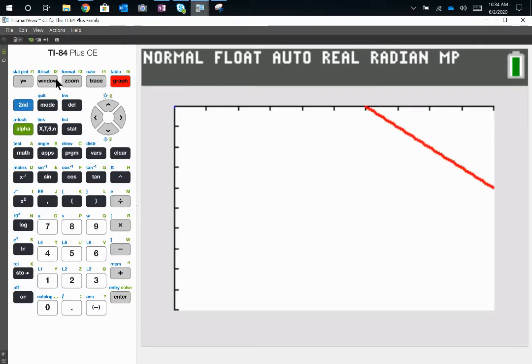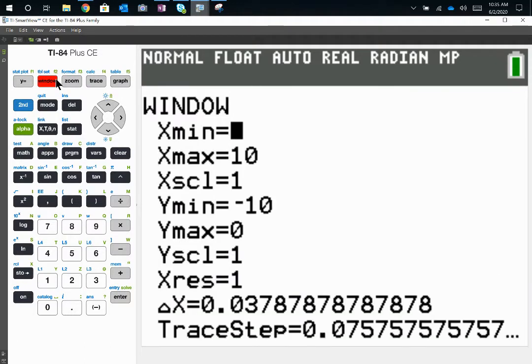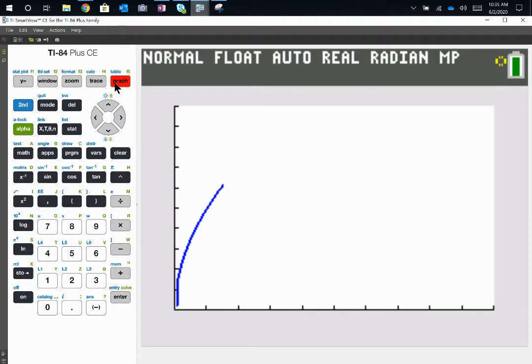Uh-oh, I think I did something wrong here. Let's go back to that window. Oh yeah, y minimum is 0. Y maximum is 10. I mixed those two up. The minimum is 0, and the maximum is 10. And graph it. So now we should see a nice graph.